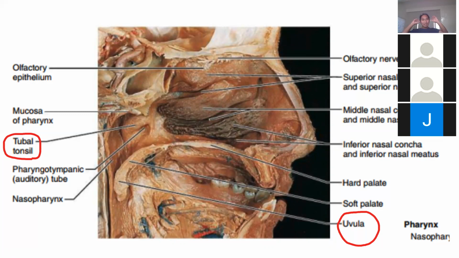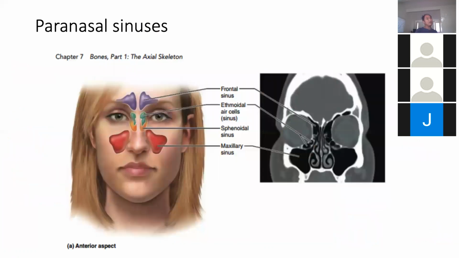Its job is to balance the air pressure inside the ear with the atmospheric pressure. And paranasal sinuses, look at that. On either side of the nose, in the maxillary bone, we have the maxillary sinus. This is the CT scan, coronal view. This is on either side of the nose, and that is called the maxillary sinus.